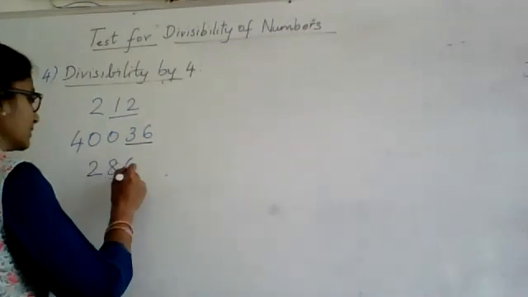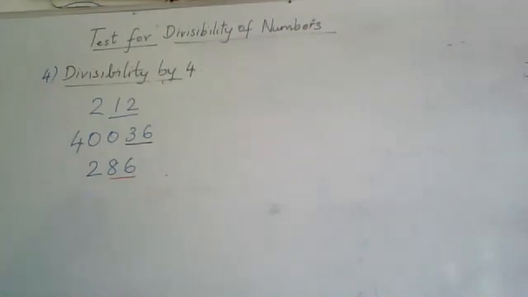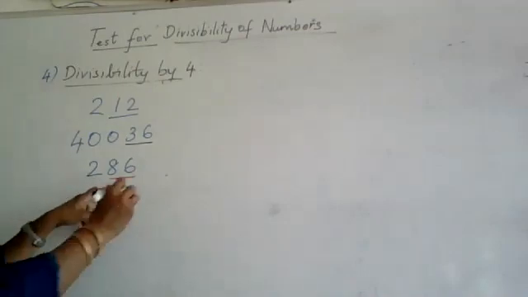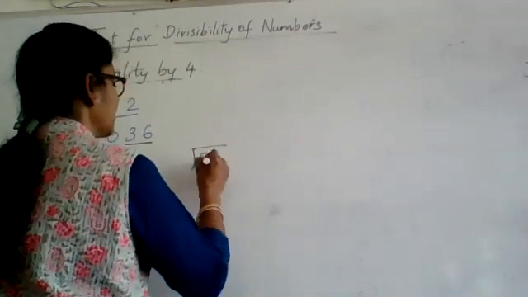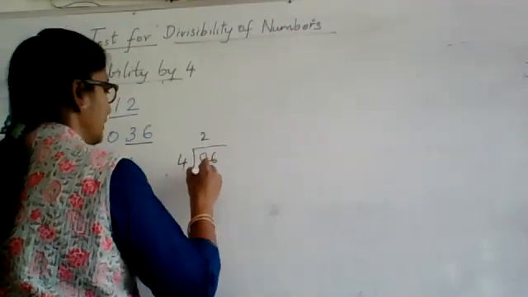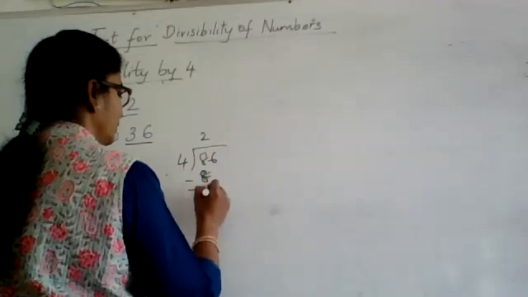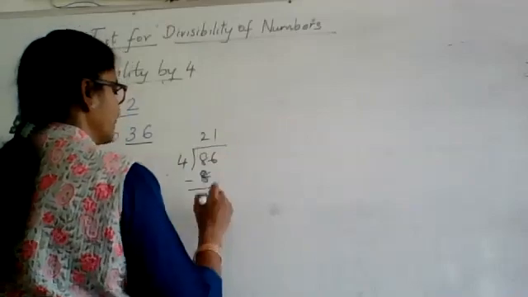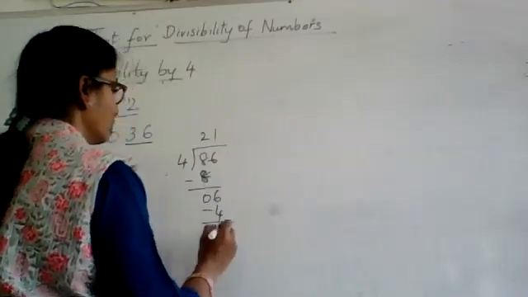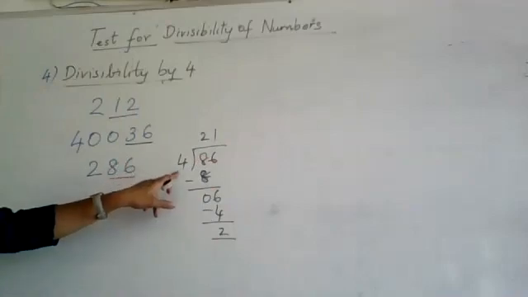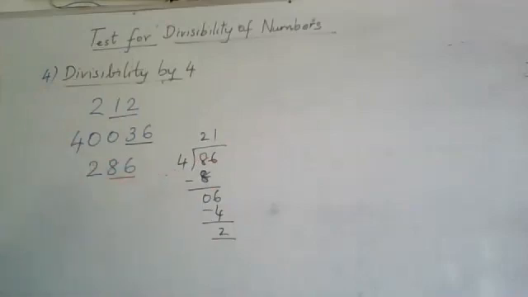The last 2 digits are 86. Is 86 there in the 4 tables? I don't know, because I know 4 tens are 40, that's all. So what you have to do here is divide 86 by 4. 4 2s are 8. You subtract, you get 6. 4 1s are 4, you get a remainder of 2. So 86 is not divisible by 4. So 286 is not divisible by 4 is what you will say.